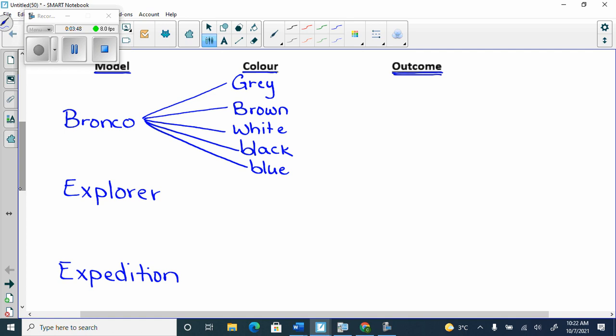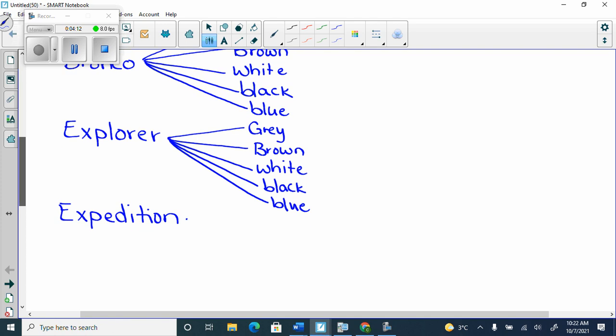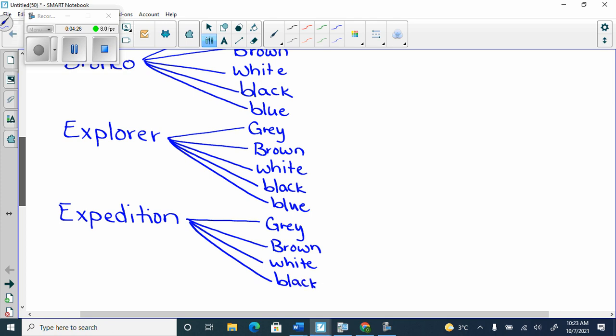And then the Explorer can be in what? Same thing, so I listed off gray, brown, white, black, blue. And then your Expedition is going to be in gray, brown, white, black, blue.